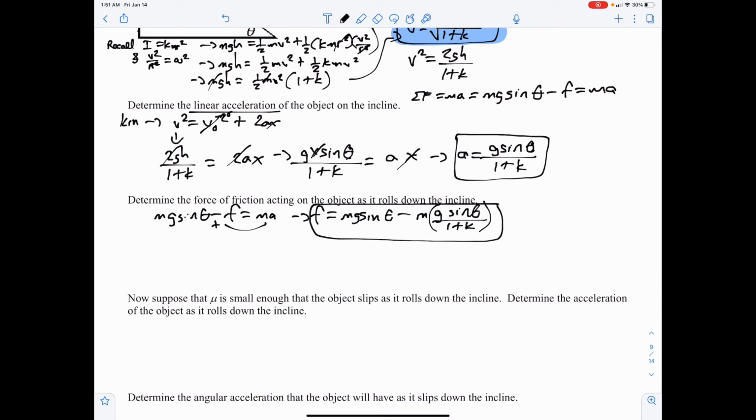Okay, so now suppose mu is small enough so that the object slips as it rolls down the incline. Determine the acceleration as it falls.